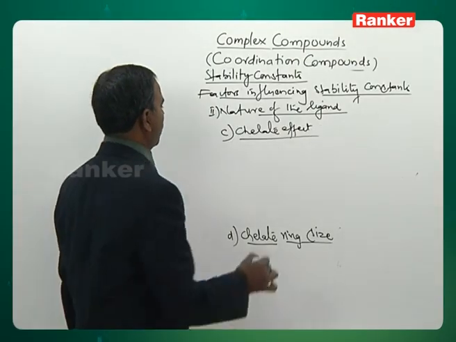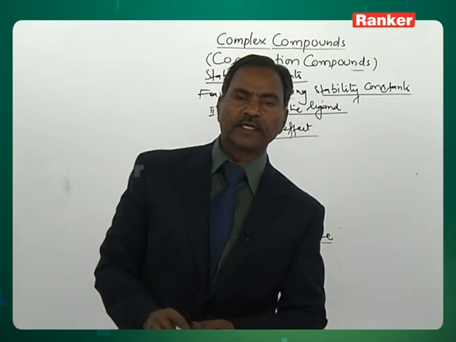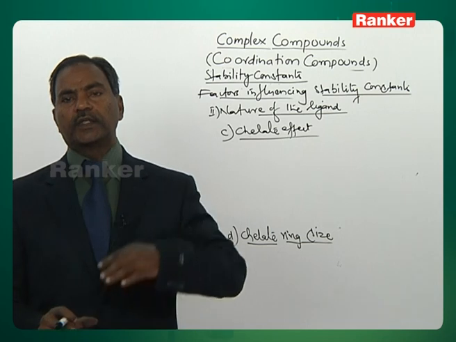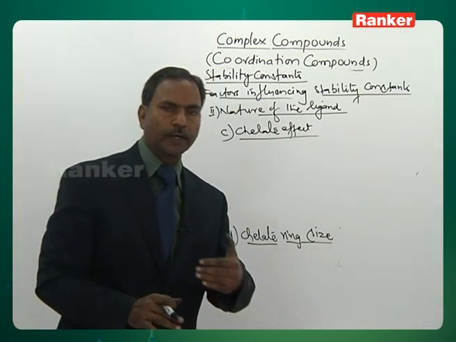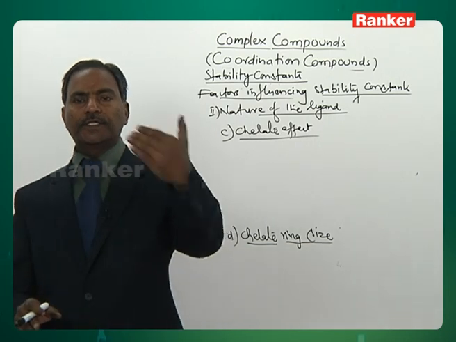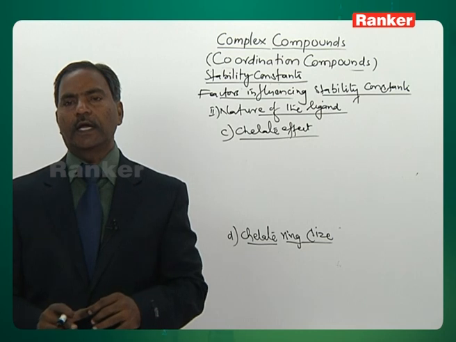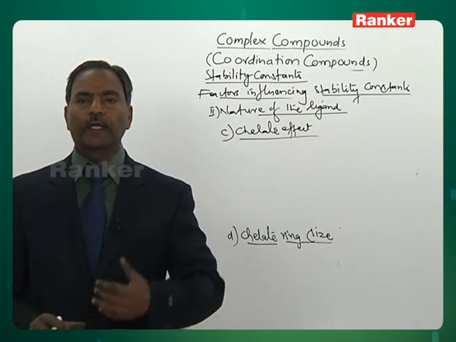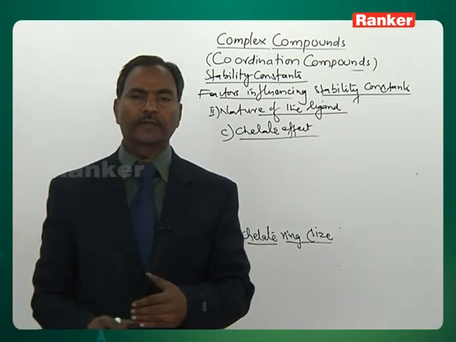Chelate effect. Generally, wherever chelate ligands or polydentate ligands are there, that particular complex is found to be highly stable. This higher stability in comparison to the complex carrying monodentate ligands, that higher stability we call what? Chelate effect. The complex with chelate ligands is found to be abnormally more stable compared to the complex carrying monodentate ligands.